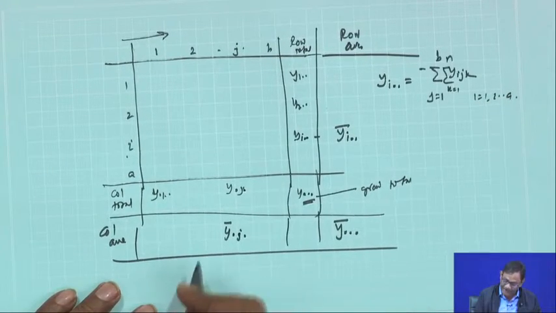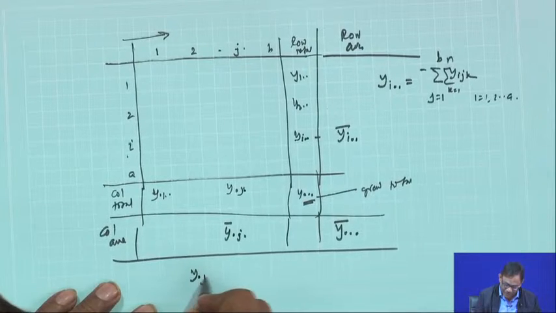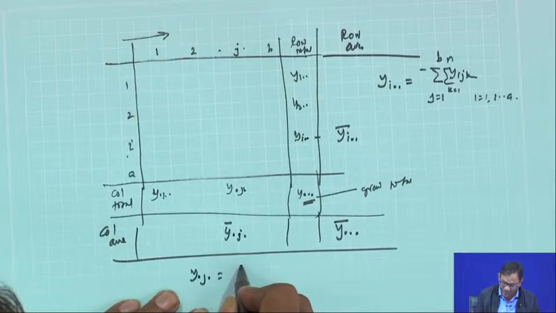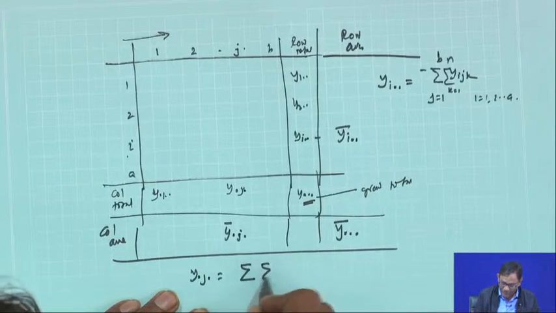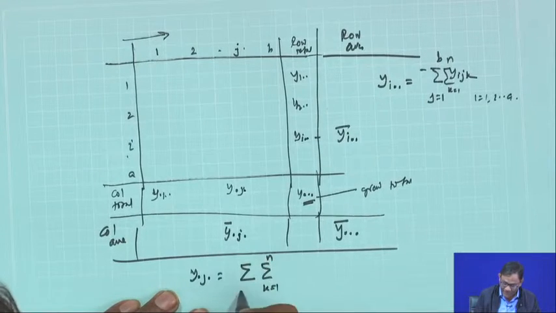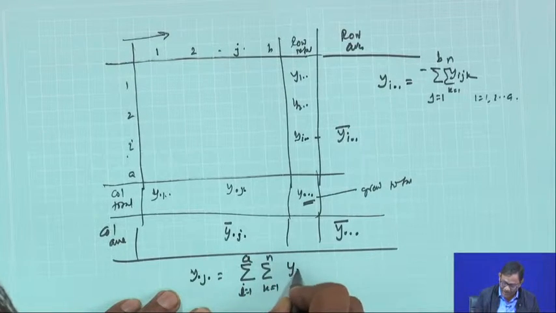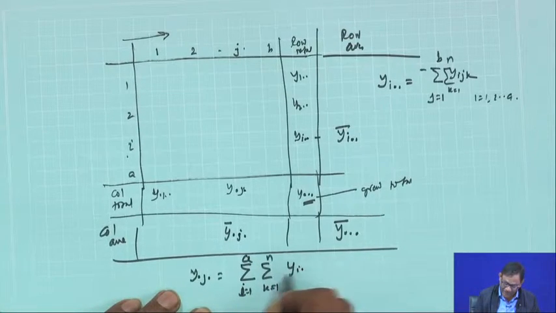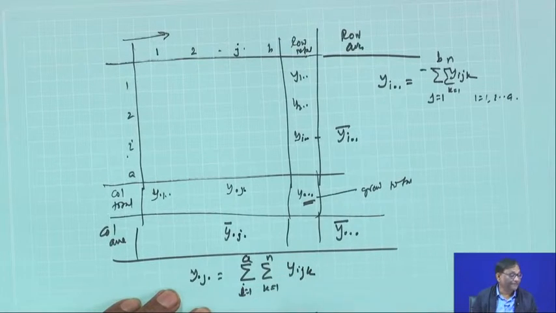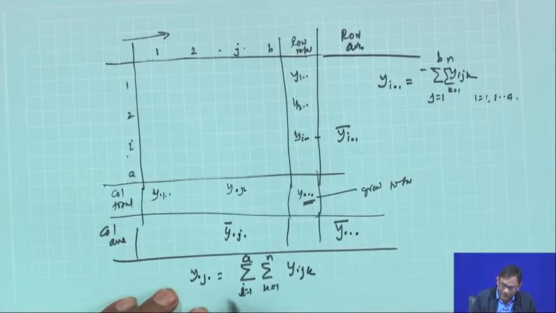Similarly, for the column case, y_.j. will be the sum over k equals 1 to n and i equals 1 to a of y_ijk. So this is the total.